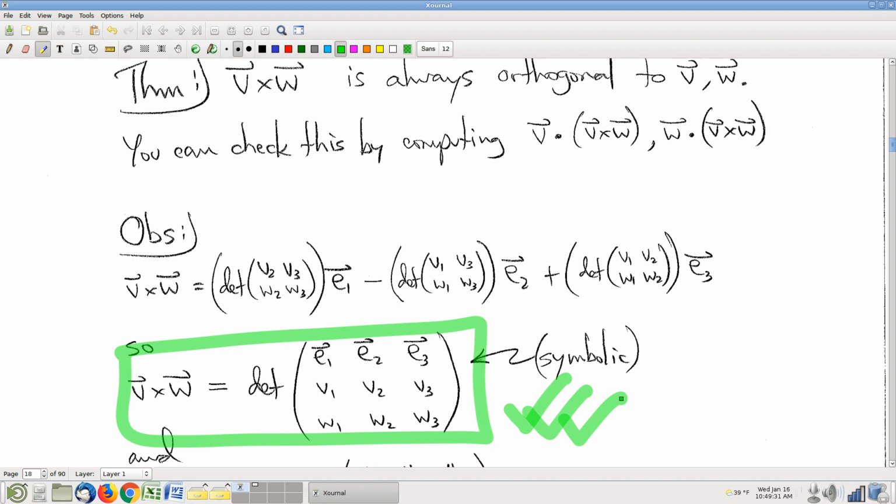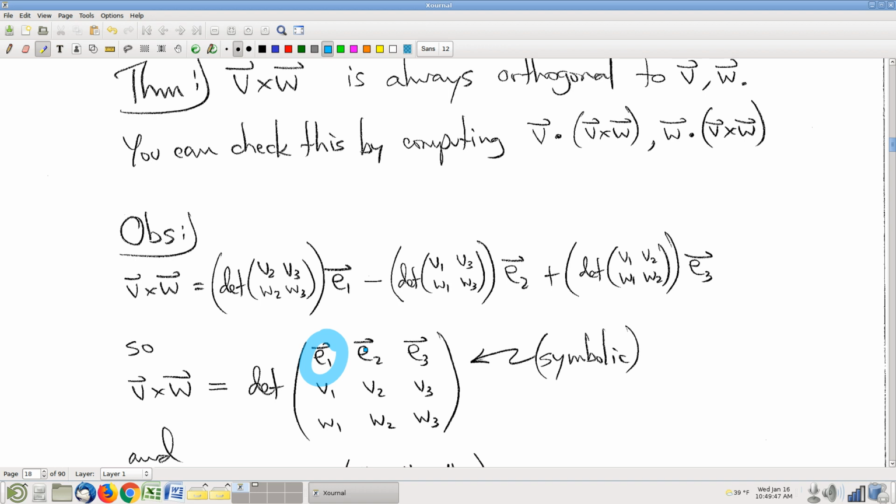Okay, now a confession, I do have to note that this is a little bit of an abuse, this notion of determinant. We define determinant for a matrix. A matrix is supposed to have in it elements. Those elements are supposed to be real numbers. What's going on here? That's not a real number. That's a vector. Can you do that?